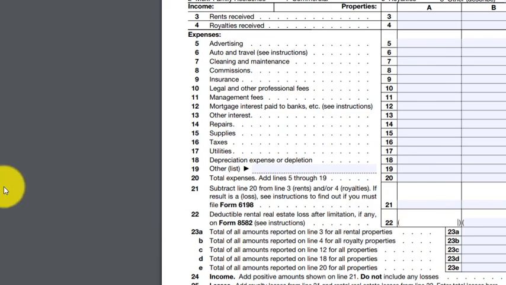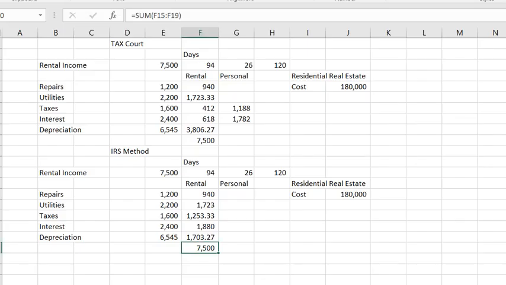The rest of that depreciation can carry forward to future years if this happened to be just a really bad year, but often it's not going to do much good.